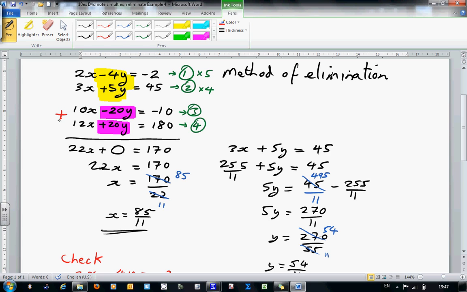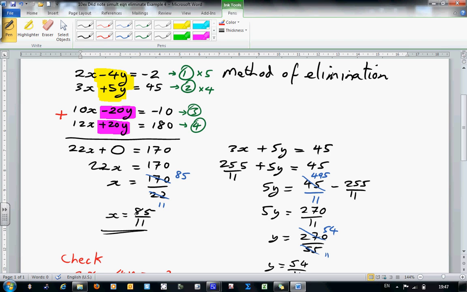3x plus 5y is 45. 3 lots of x is 255 over 11 plus 5y equals 45. 45 is the same as 495 over 11, minus 255.